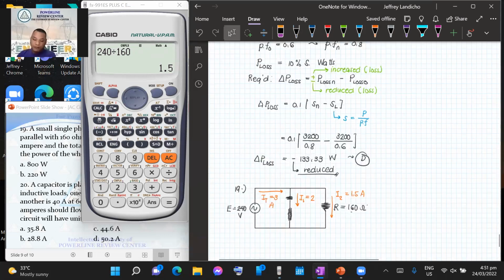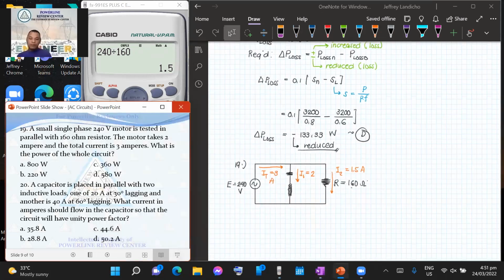So ano hinahanap? What is the power of the whole circuit? So kapag kinuha natin yung power, total power. So that is simply equal to the power consumed by the resistance of the motor, inductance. So that is P sub R plus the power consumed by the resistive load.